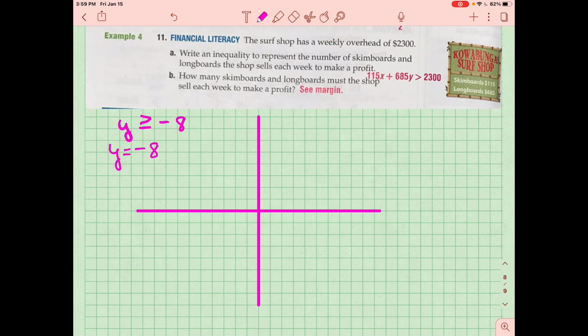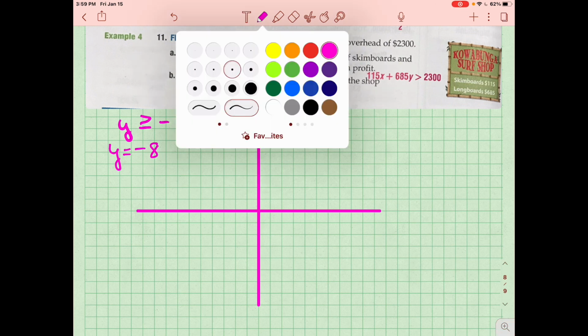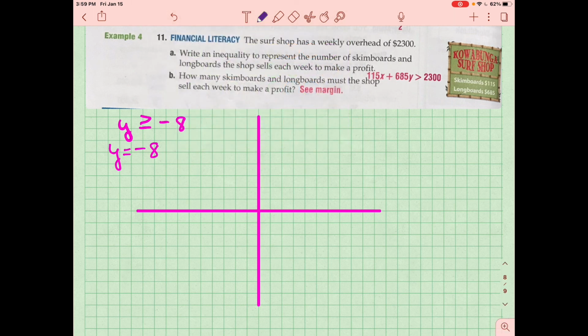And I hope that you remember that if y is equal to negative 8, let's actually use a scale of 2, 4, 6, 8. So let's say this is negative 8. If y is equal to negative 8, then I have a line that's going to go horizontal. And in this case, we have or equal to. So let's make a nice straight line going through here for our boundary.